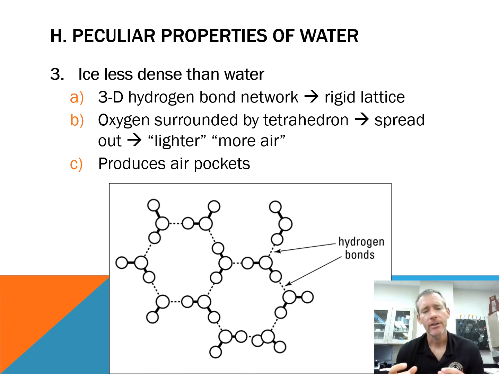So when you form ice, it actually expands. So that's why things will explode in the freezer. The ice is actually expanding because it locks air in and causes a crystal lattice, and then there's nowhere to go, so it has to break the container. So that's why it expands, but also why ice is less dense than water, because little air pockets form in those crystals.